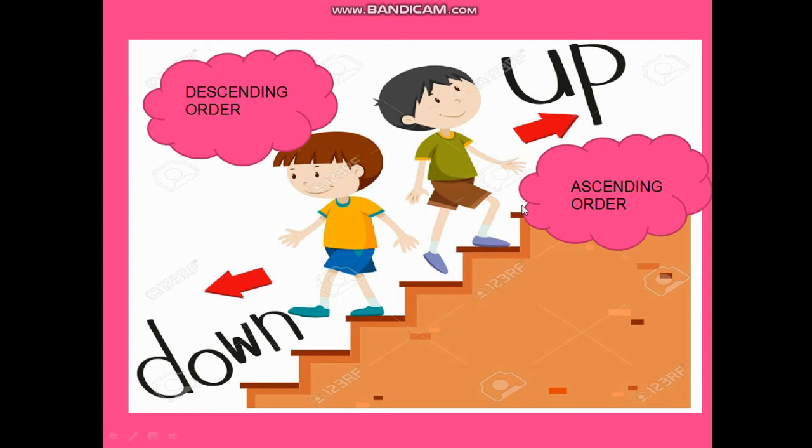So it is going from smaller number to the bigger number, whereas this child who is coming down is coming down from 6, 5, 4, 3, 2, 1. So the numbers are decreasing. The first number which is written is the smallest number, and ascending order goes from smaller to bigger, descending order from bigger to smaller.